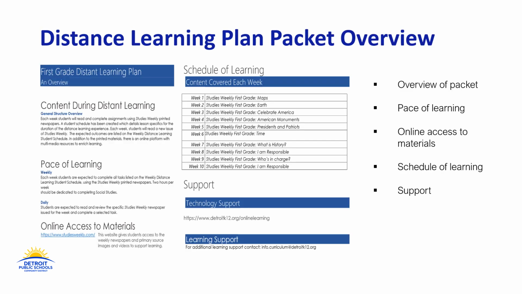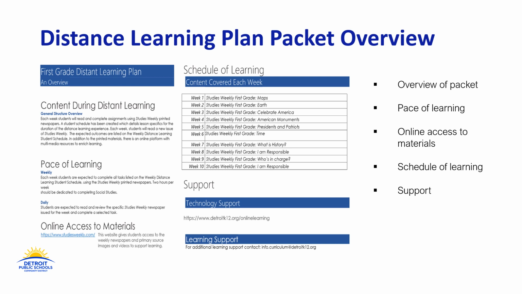Let's go over the distance learning plan packet overview. So this page will be the first one that you see in your packet. And what it is, it's giving you an overview of what's to come. It shows you the pace of learning. So this means how much social studies will you have to do on a daily basis, on a weekly basis.